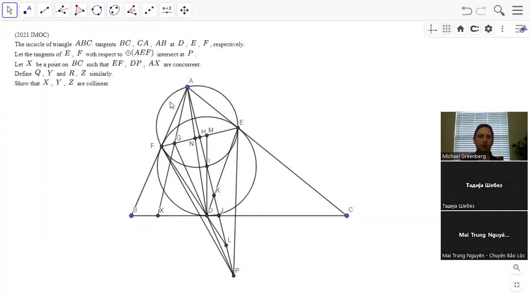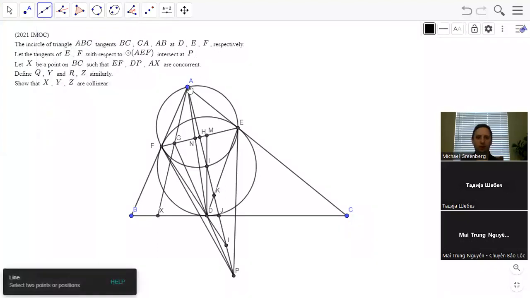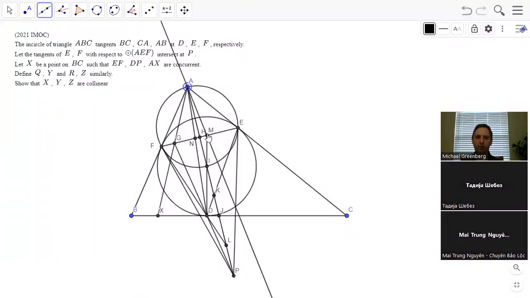Through A onto BC. Okay, and it goes to the midpoint.